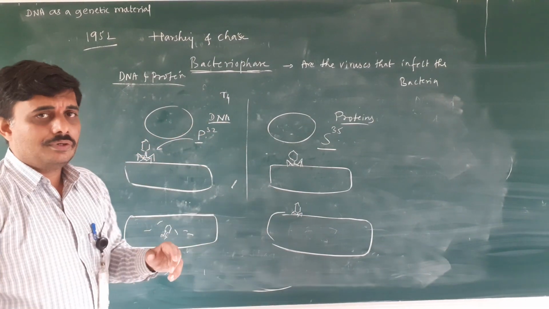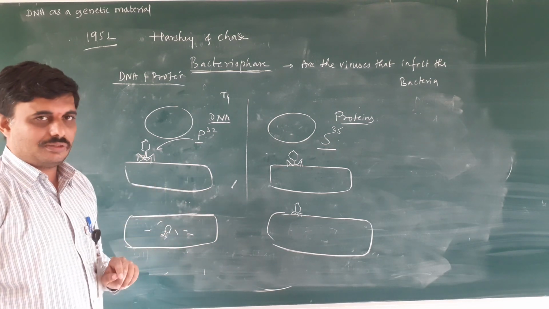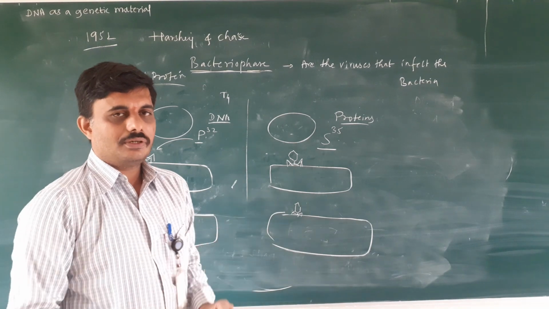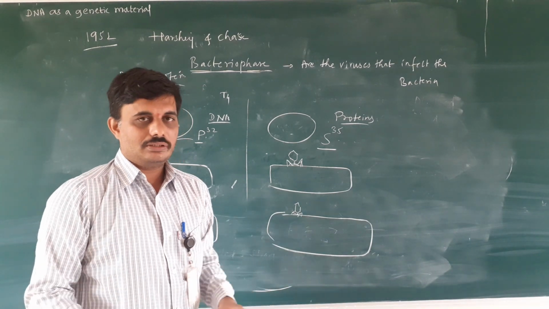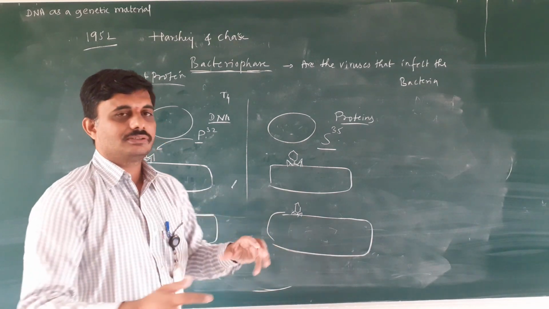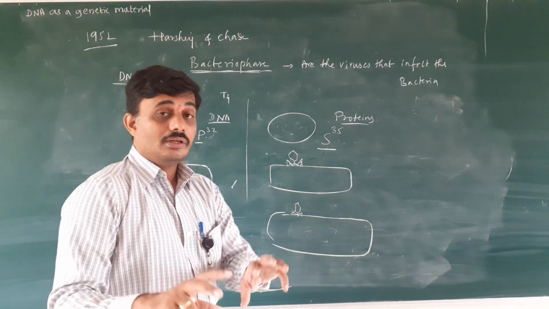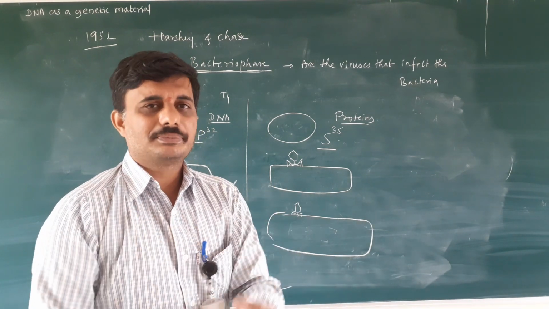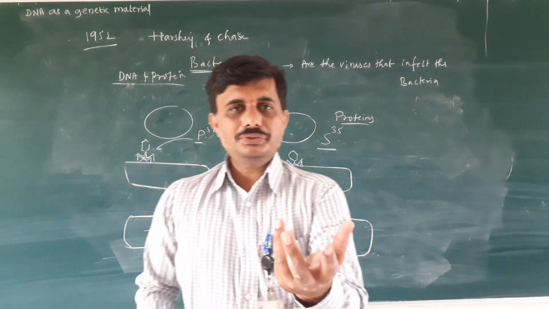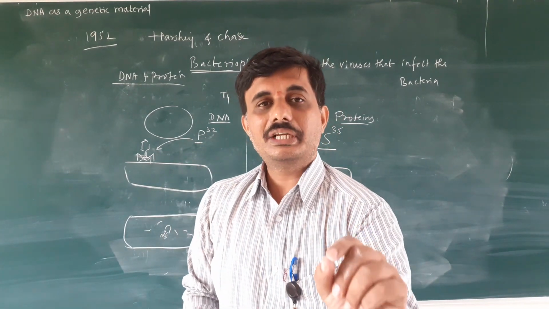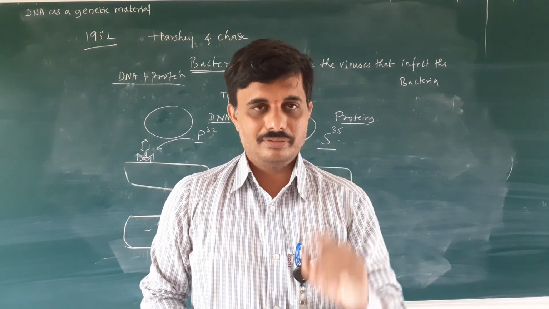After the bacteriophage infects the bacteria, normal infection occurs. After a certain period of time, 20 minutes or 40 minutes, when the bacteria start multiplying, the bacteriophage infection goes on. So after certain minutes, they did the blending experiment. In the centrifuge they did the blending, and they checked the radiography.